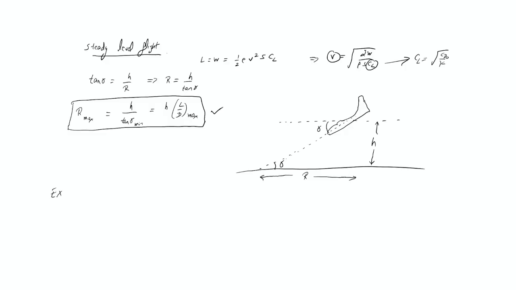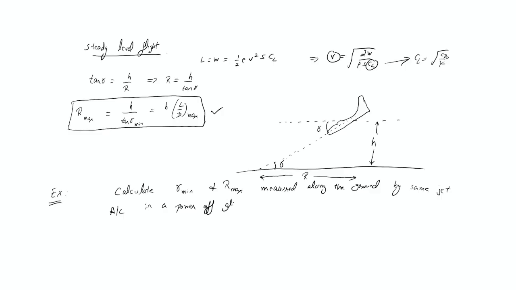Now let us begin with an example here. Find or calculate the minimum glide angle, that is gamma minimum, and the maximum range measured along the ground by the same jet aircraft that we have been considering since our first lecture, in a power-off glide at an altitude of 10 kilometers.